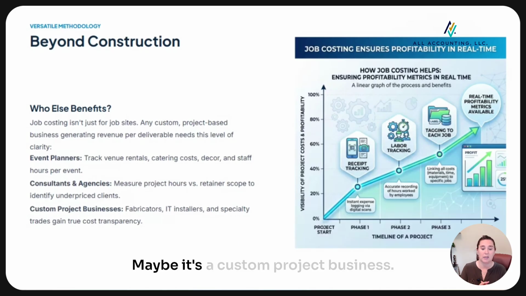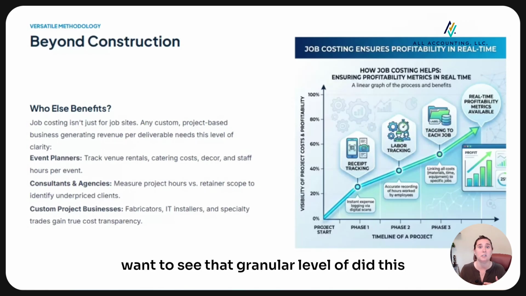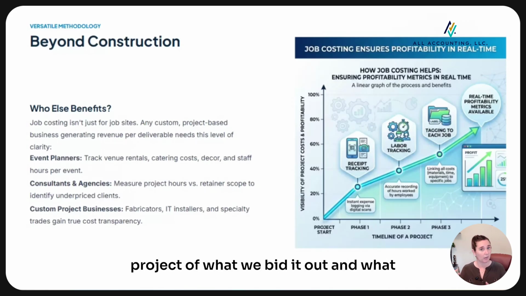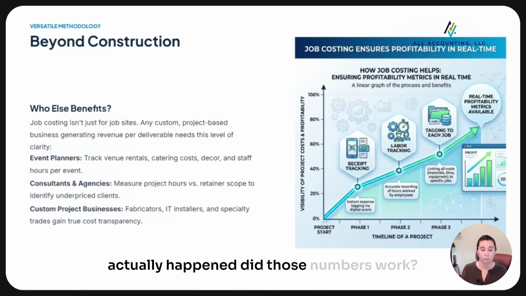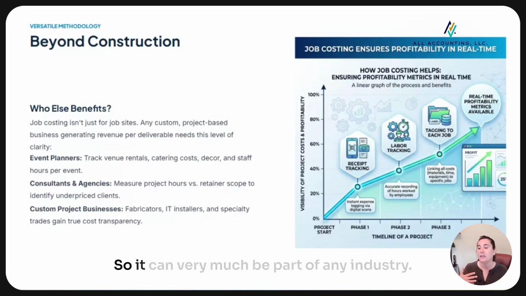Maybe it's a custom project business. Maybe there are IT installers, so they have smaller jobs but they have high volume of what they're doing, and they want to see that granular level of, did this project, what we bid it out and what actually happened, did those numbers work? So it can very much be part of any industry.